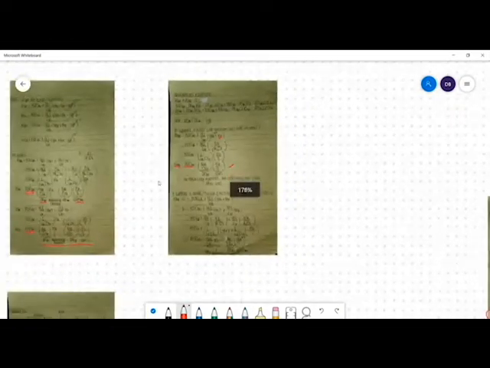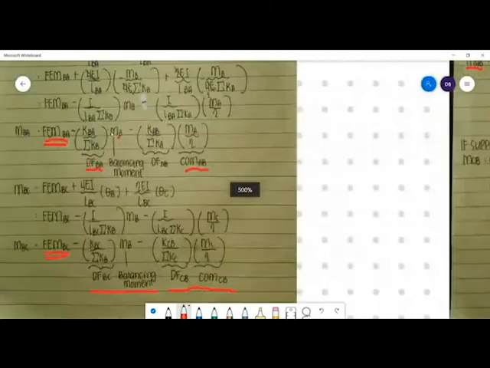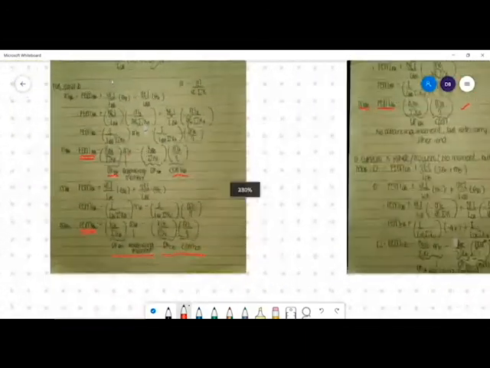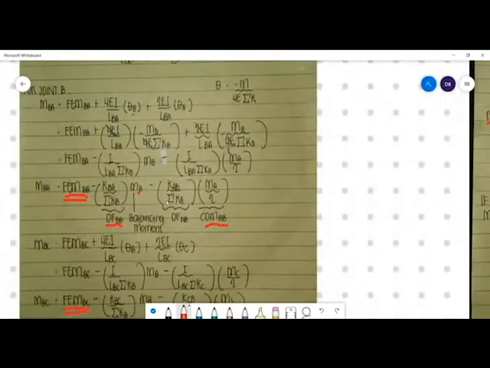Okay? So therefore, si moment at A, at joint B, walang ipapasang moment si A papunta kay B. Okay?